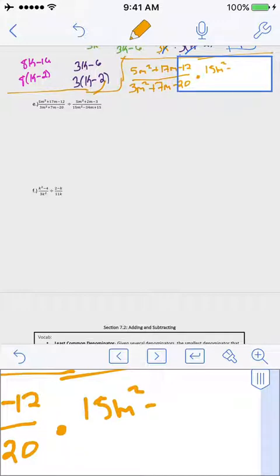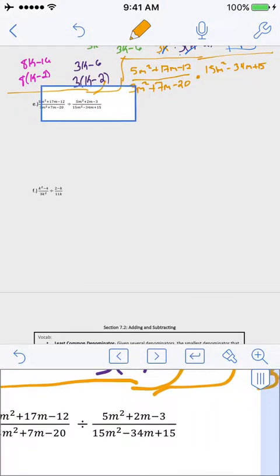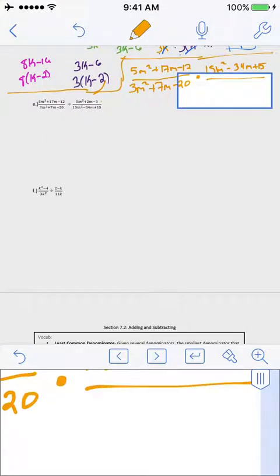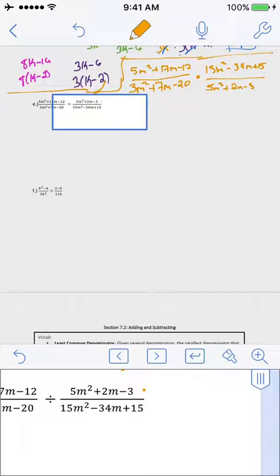15m squared minus 34m. Oops. Let's write an actual 4 there. Plus 15. And the new denominator is going to be this guy. 5m squared plus 2m minus 3. Yep.